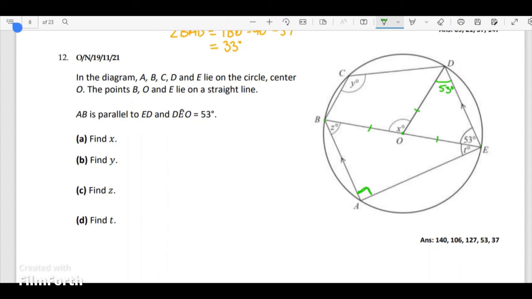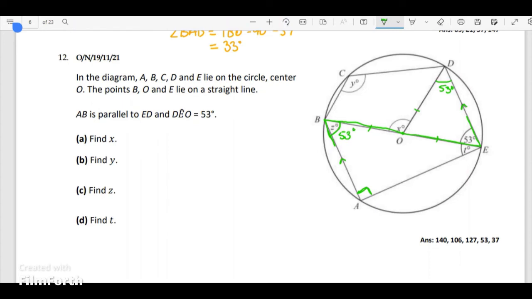Furthermore, parallel lines are given. This is parallel to this, and we do see a Z angle forming right here. Very nice and neat. So if this is 53 degrees, this would be 53 degrees as well because they are alternate angles.